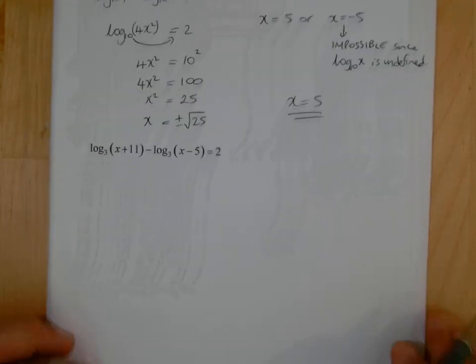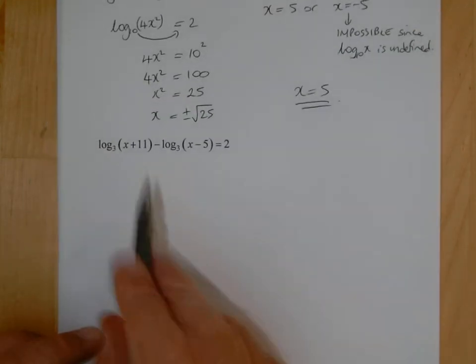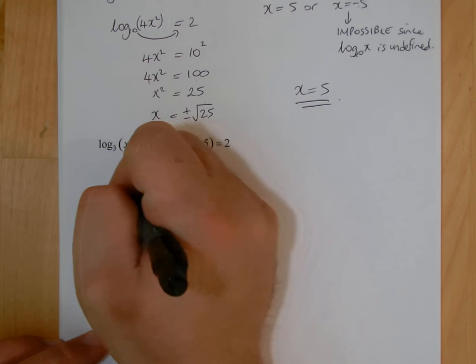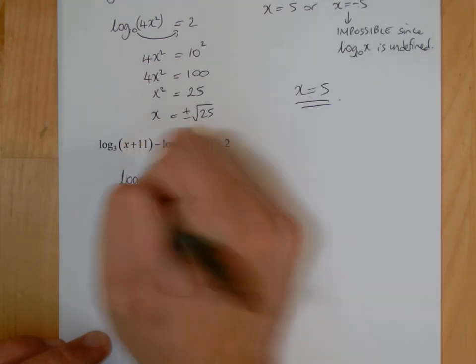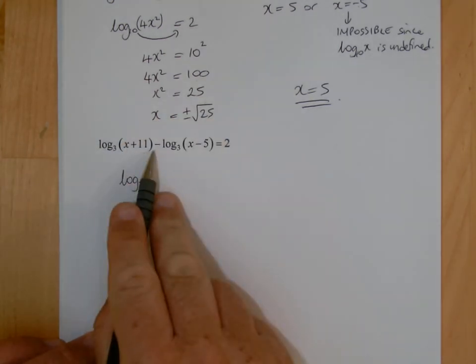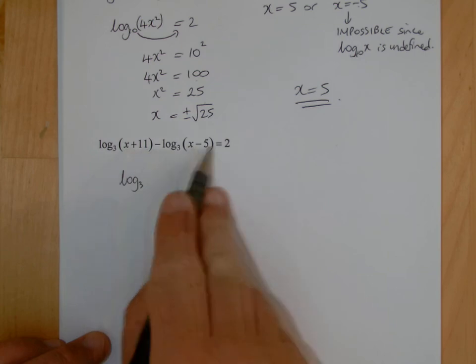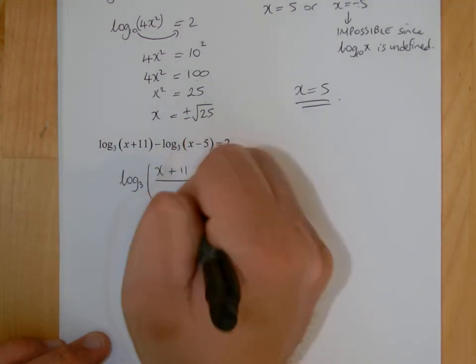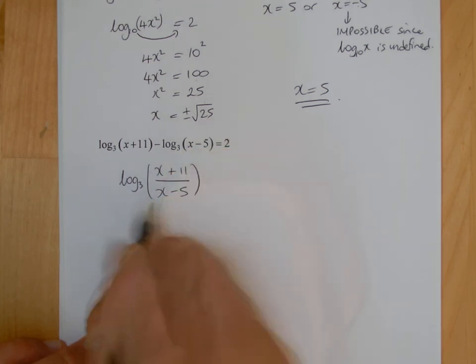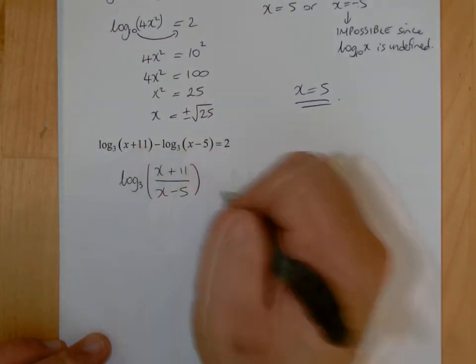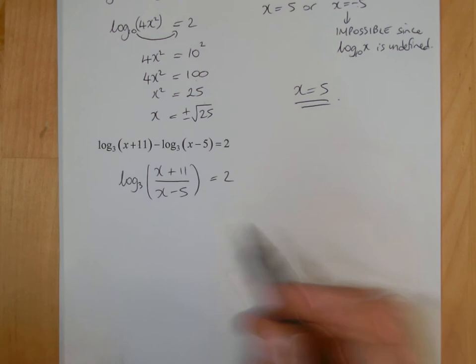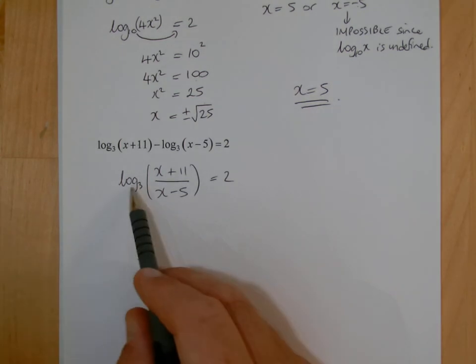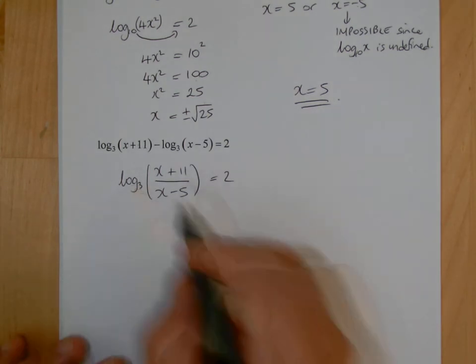With the second one here, again, write it as a single logarithm. Now we can go straight for that here, can't we? Because it's log to the base 3, and when you've taken away, it's the division law, so it's this divided by this. So I would use a bracket here to be clear on that. But it is literally the first term here divided by the second term, that equals 2. And then, as we've seen before, we can get rid of the logarithm.